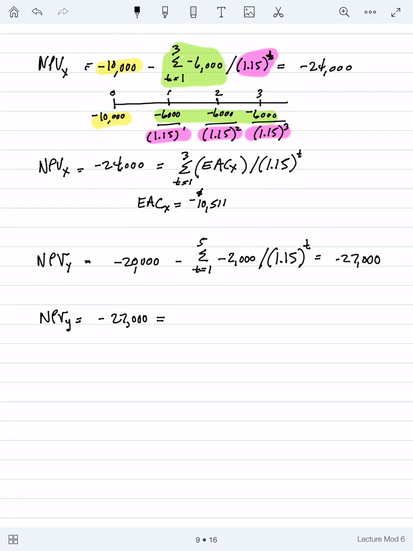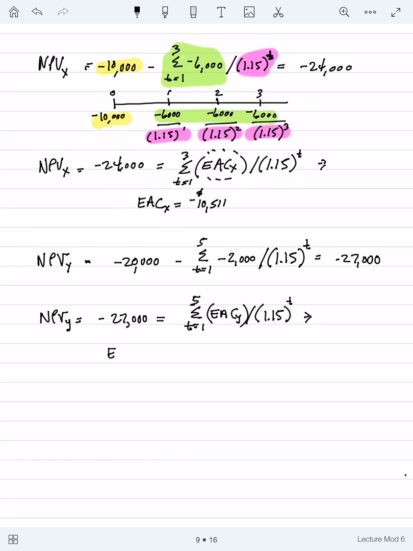Make that run from time period 1 through 5 now to find its equivalent annuity cost of Y. And again, solve for, like I did up here, got to solve for the EAC of X, here solve for the EAC of Y. Right?